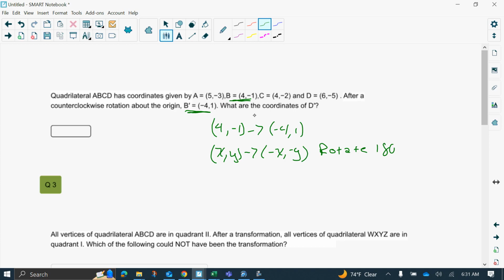So we take D, and we switch the sign on both. Sorry, 6, negative 5. And so switch the sign on both, so that becomes negative 6, positive 5. And that's the answer.